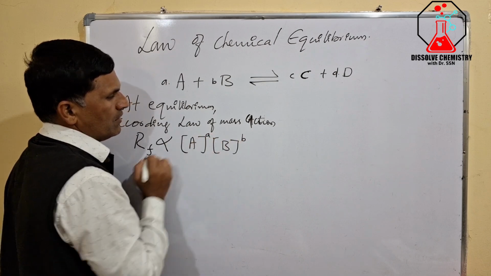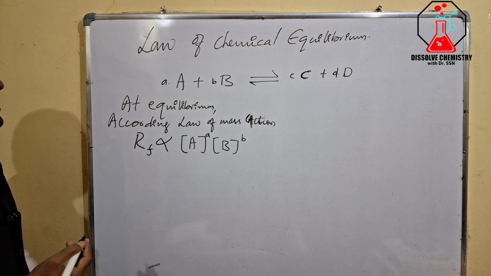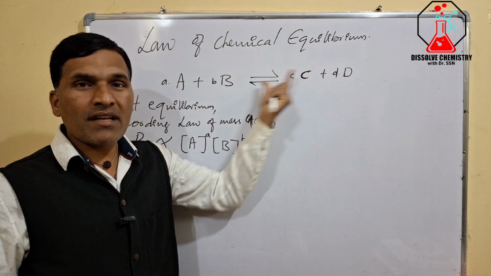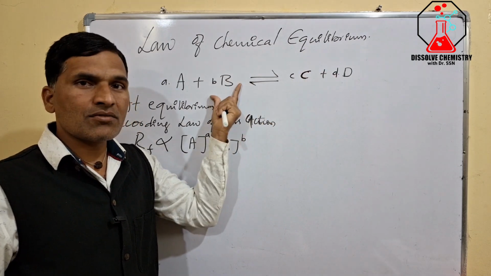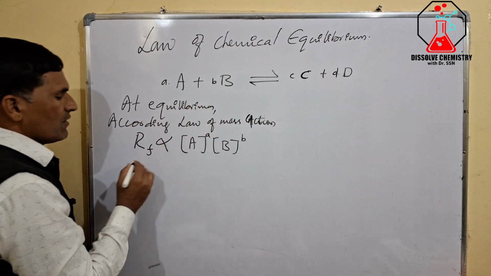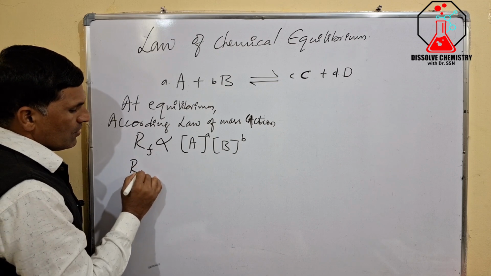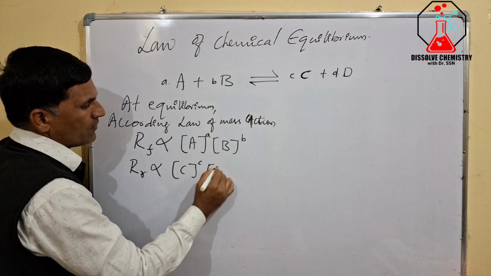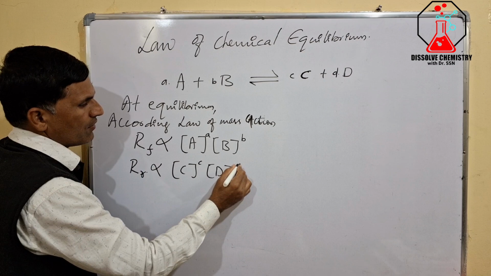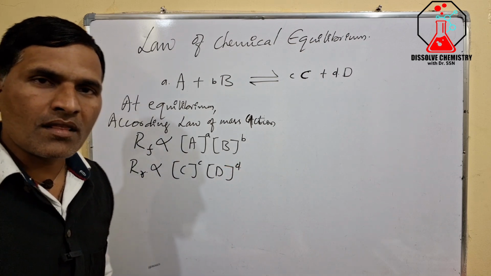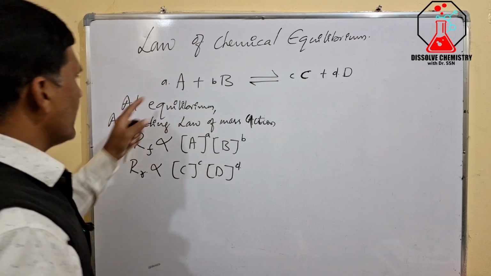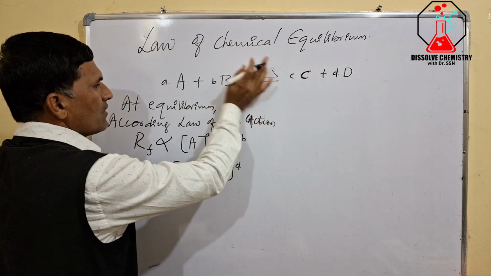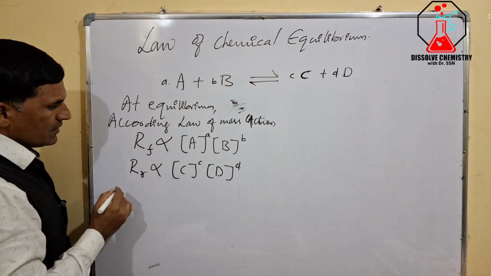Similarly, at equilibrium there is also a backward reaction, since the reaction is reversible. According to the law of mass action, the rate of reverse reaction is directly proportional to the product of the molar concentrations of C and D. We will remove the proportionality sign first.